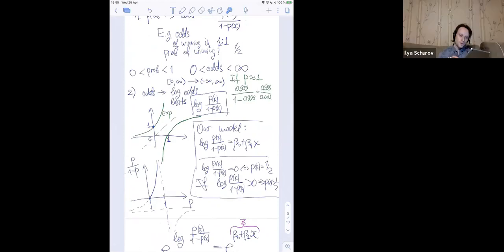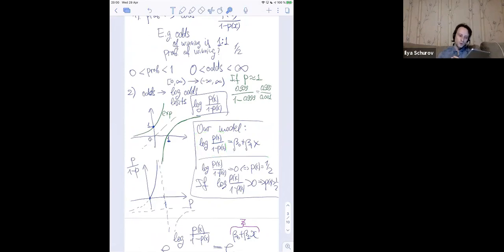Well, in a sense, we just did it arbitrarily. I mean that we said that if P is a probability, then this function of probability can take any values from negative infinity to plus infinity. Then let us model this value by some linear function.